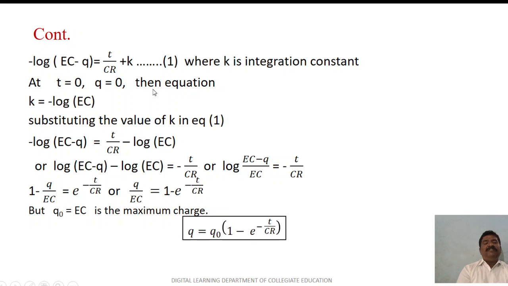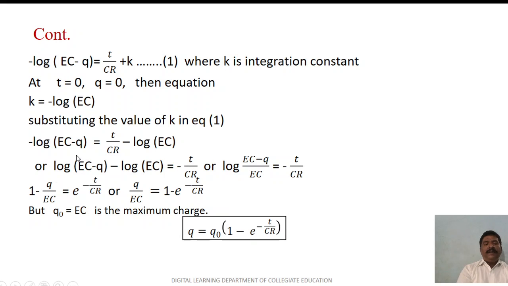Substituting these values in equation 1, we get K is equal to minus log EC. Substituting the integration constant in the above equation, minus log (EC minus Q) is equal to t divided by CR minus log EC, or log (EC minus Q) minus log EC is equal to minus t divided by CR.